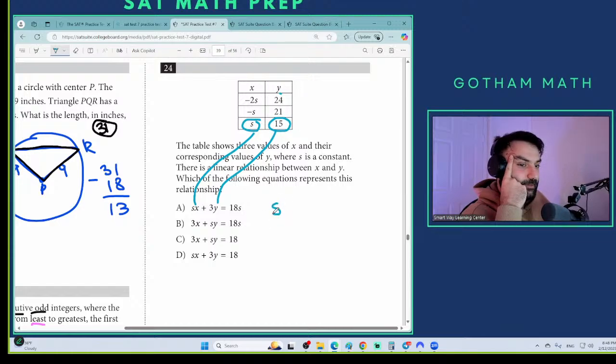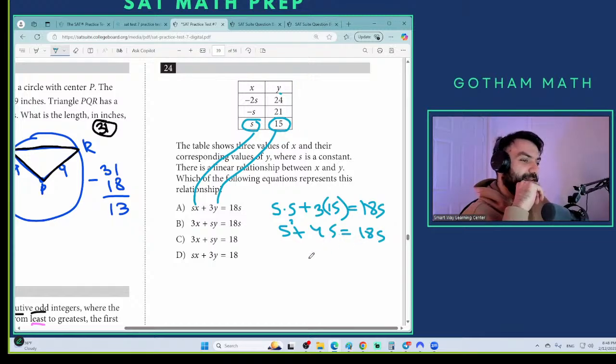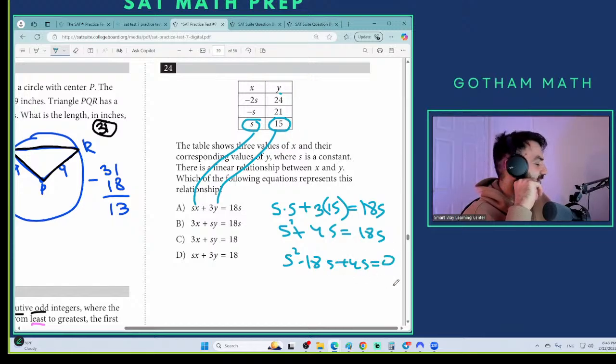It will be s times s plus 3 times 15 equals 18s. s squared, damn, plus 45 equals 18s. Oh my god. Am I gonna get a quadratic here? s squared minus 18s plus 45 equals 0? No way. 9, 3 and 15. Oh my god. (s minus 3)(s minus 15), which means that it can be 3 and 15.